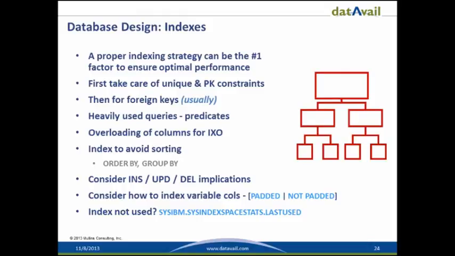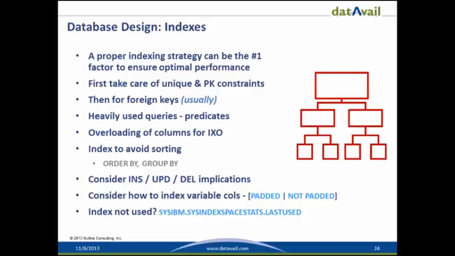There are certain things you have to do. Unique and primary key constraints, usually for foreign keys, good idea to have in indexes. Then you really want to look at your heavily used queries, your important queries, and put indexes on those. Heavily used a lot during the day, important, maybe used by your boss, used by the CIO. In some cases, overload columns so you can get index-only access.